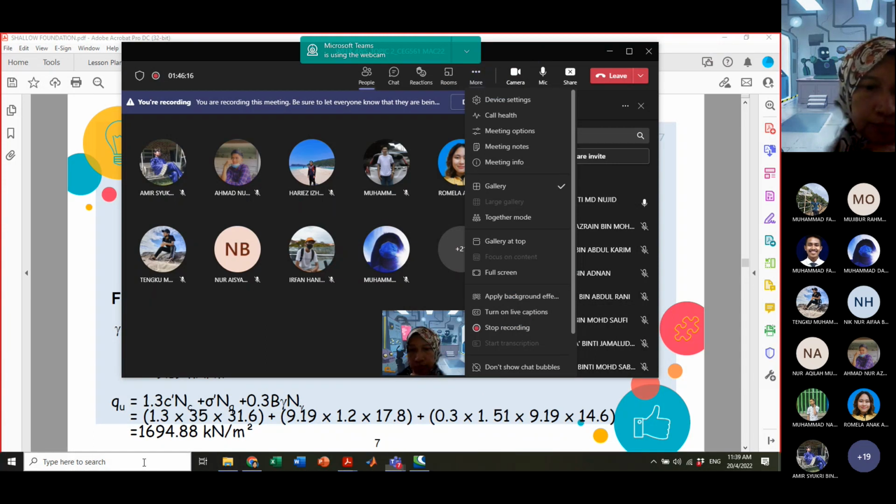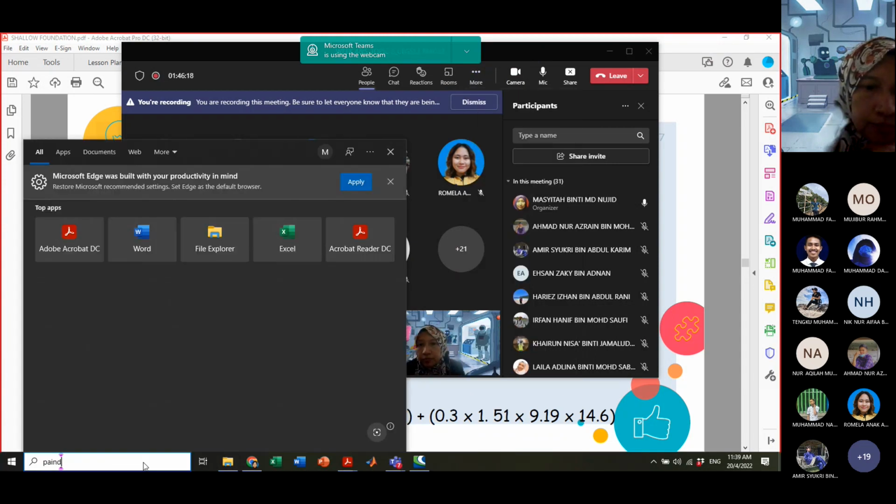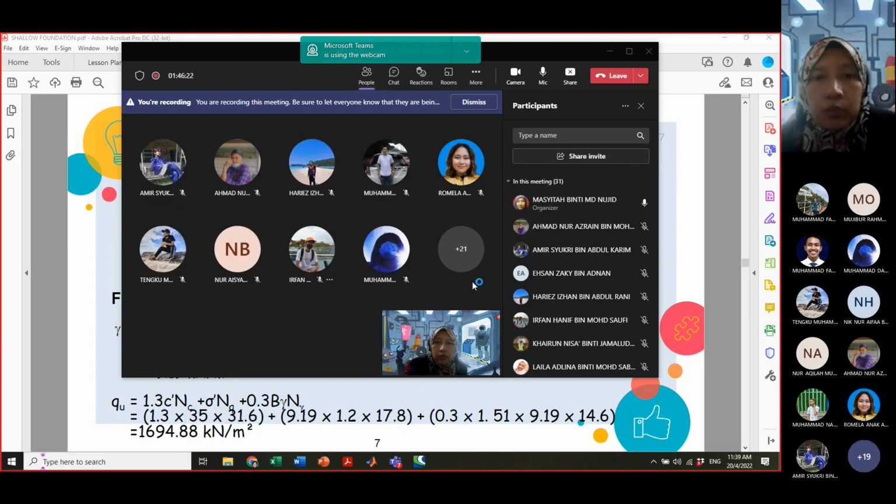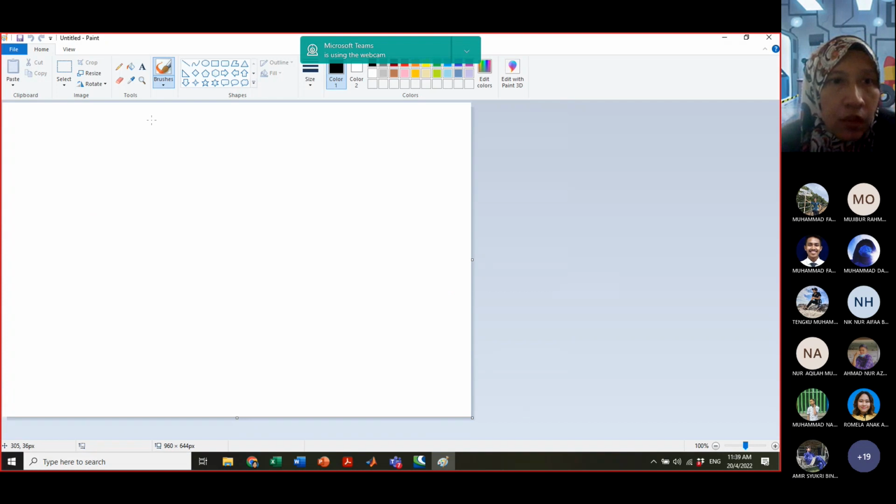So you have to use that kind of formula. Okay, I nak you calculate, sebab soalan tu minta factor of safety.